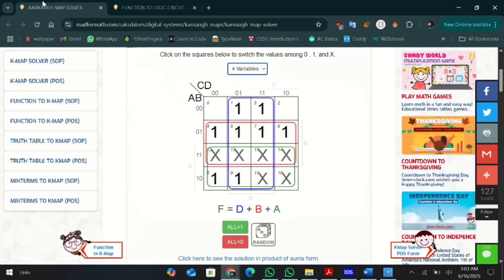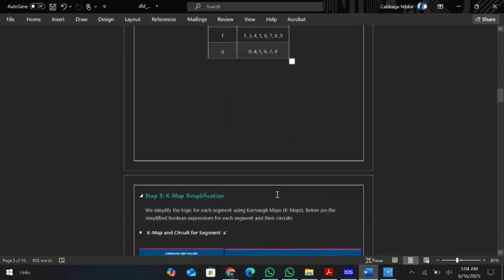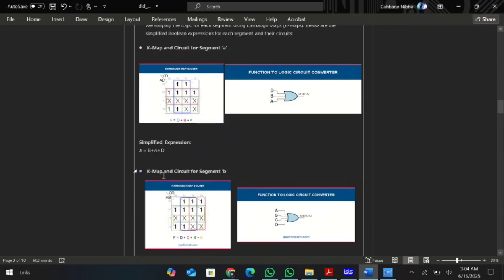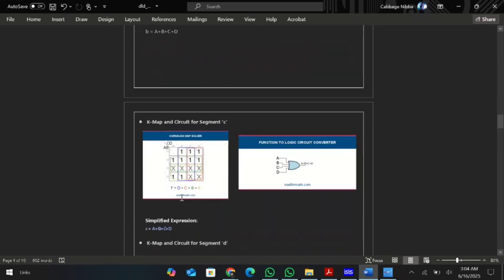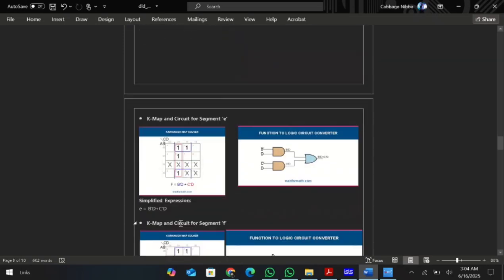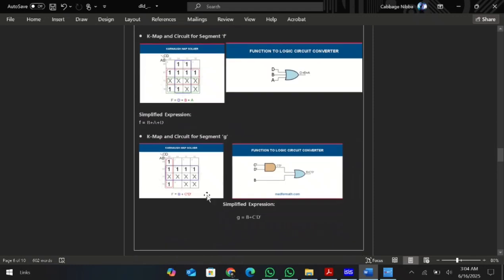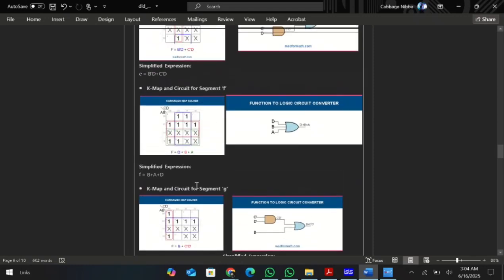I have already done that for all of my other segments. This is for A, this is for B, this is for C, this is for D, and similarly this is for E, this is for F, and this is for G. So I have already done that without wasting time.